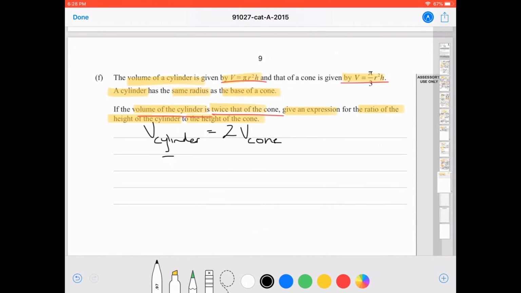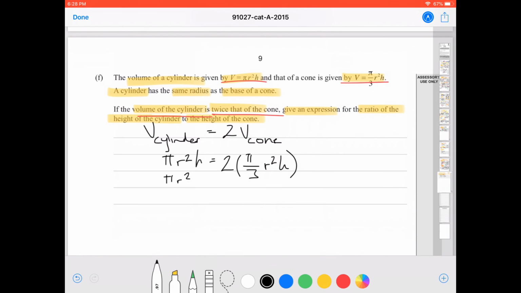We've got pi r squared h equals 2 times pi over 3 r squared h. Okay, so let's just simplify here.